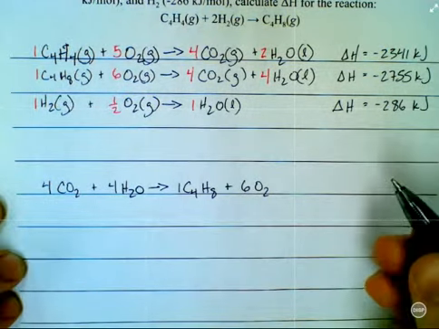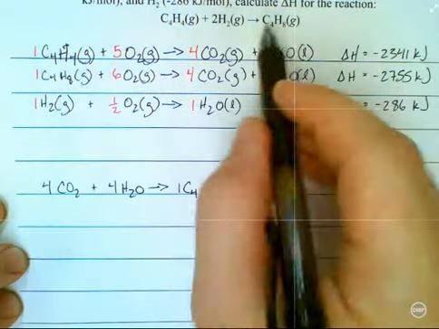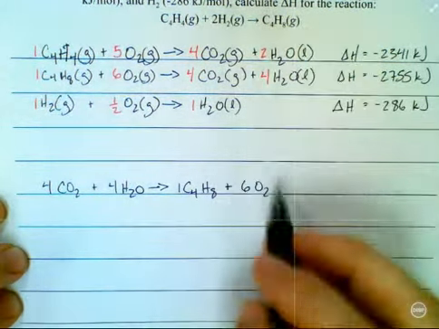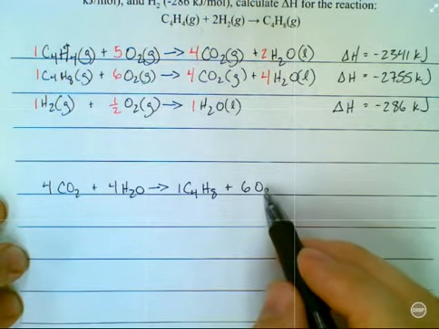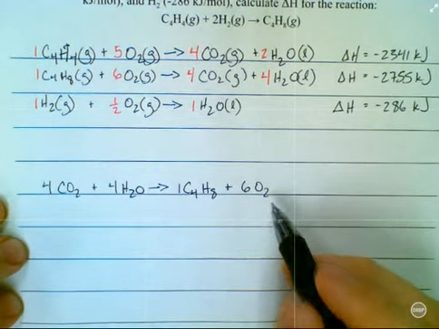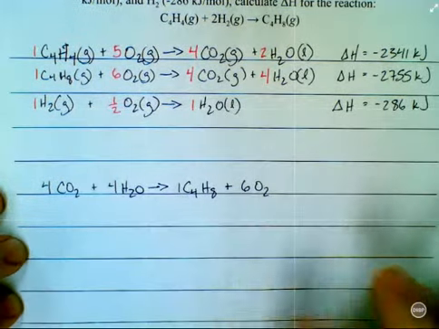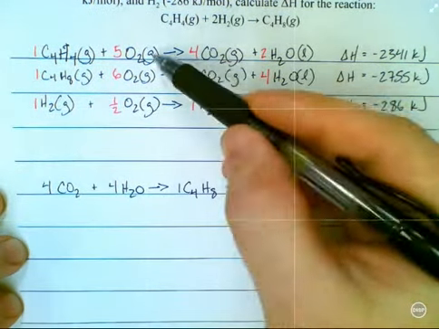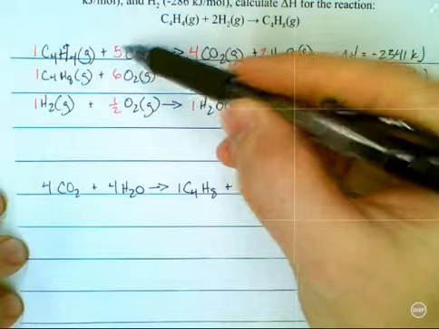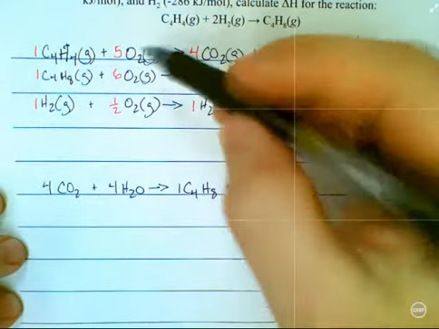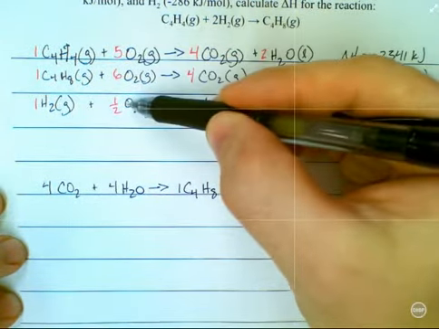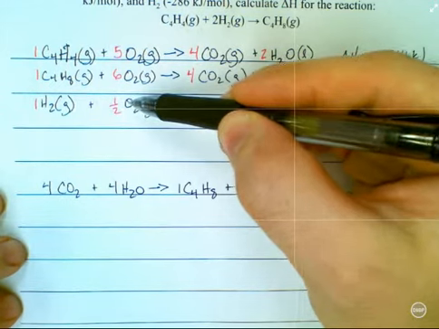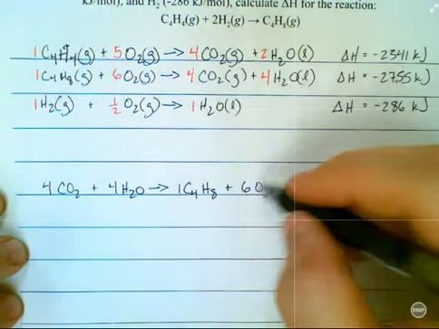Now what I need to do is get rid of everything else, because notice there are no other products here. So I have 6 O2 on the product side. I need to get rid of that somehow. If I examine my original 3 equations, as long as I don't flip them, I have 5 O2s and a half O2. So that's not quite going to cancel out my 6 on this side.